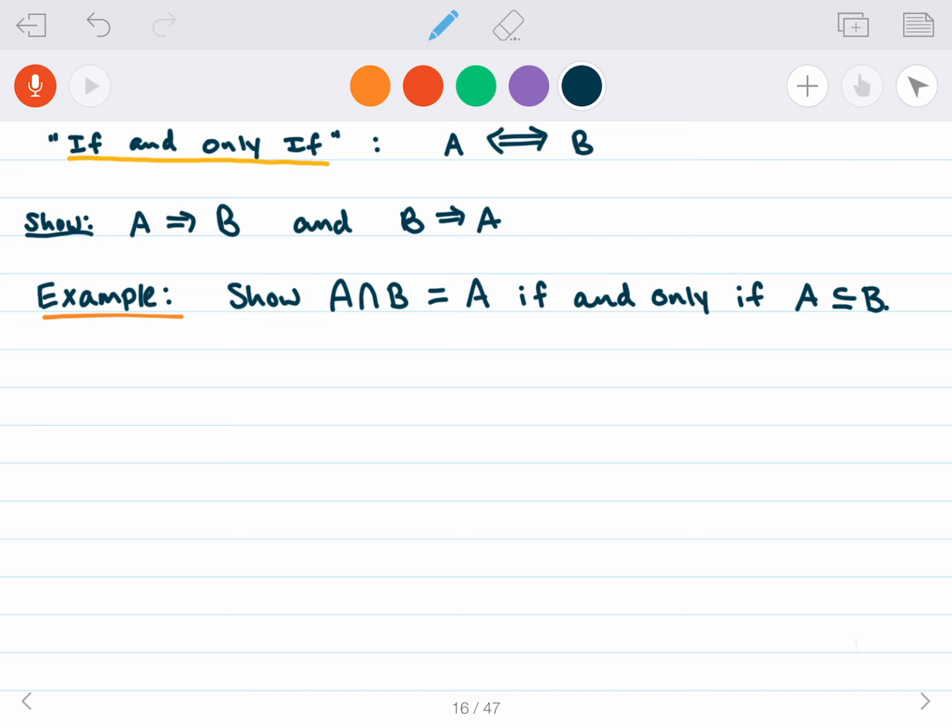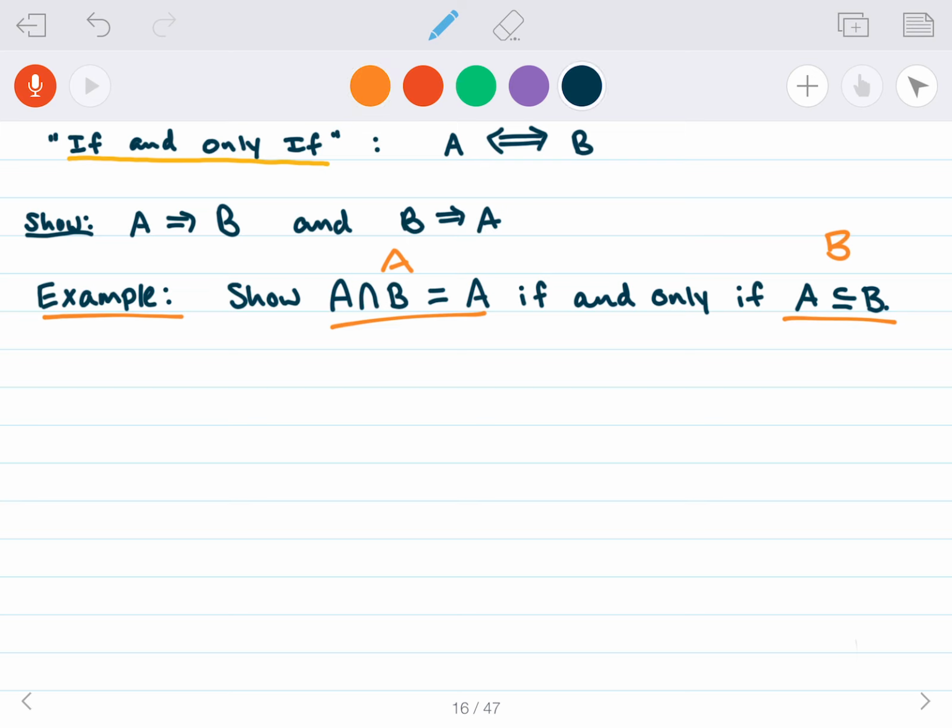So for this example, we want to show that A intersect B equals A if and only if A is contained in B. So the stuff before if and only if is our premise A, and our B is A is contained in B. Okay.